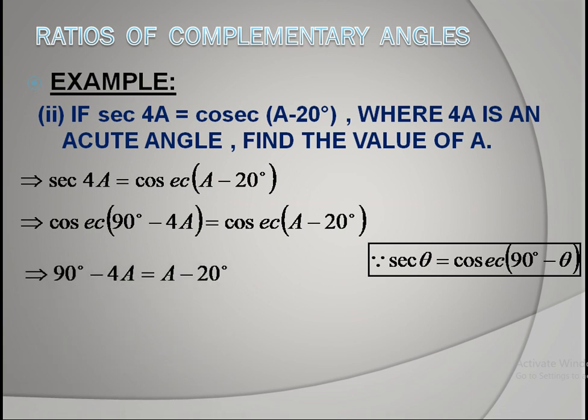This implies 90 degree minus 4a is equal to a minus 20 degree. This implies 90 degree plus 20 degree is equal to a plus 4a.